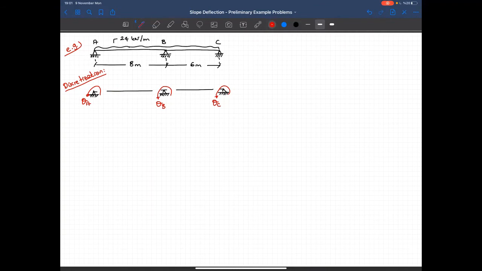Now let's draw the free body diagram. And as you see, we have 3 degrees of freedom here. So let me draw the free body diagram now.